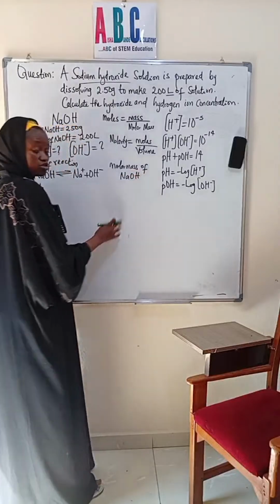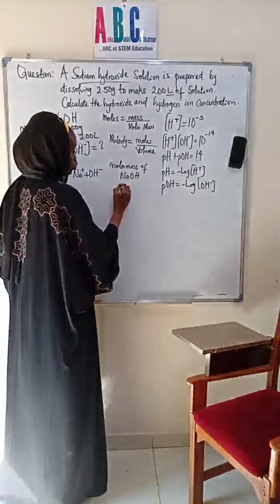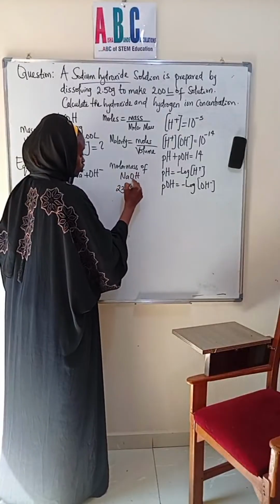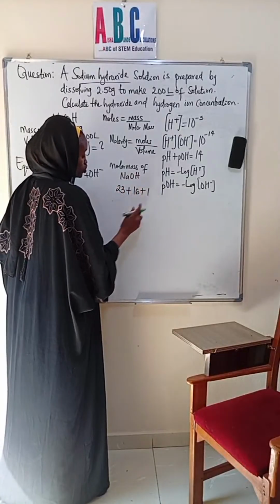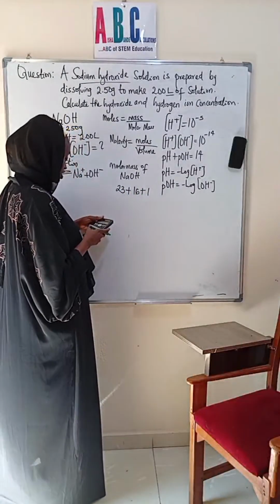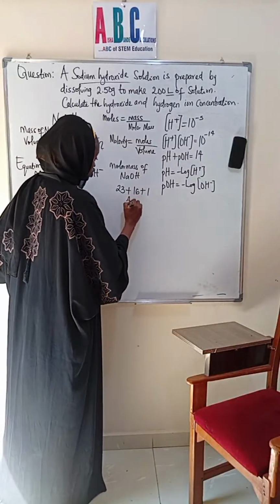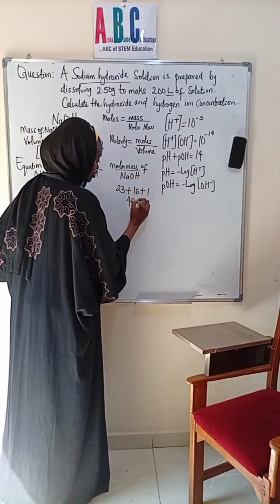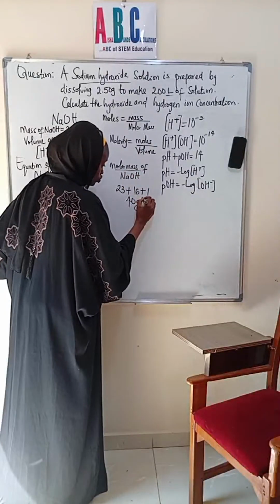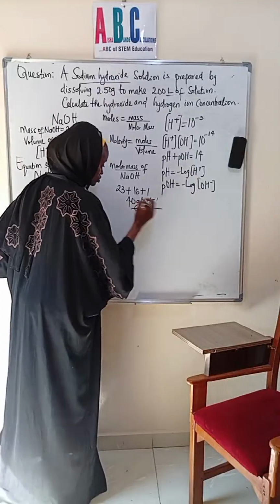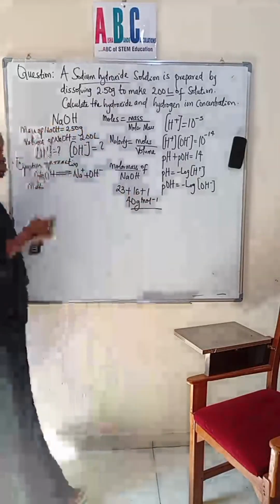The atomic mass of sodium is 23, plus oxygen is 16, hydrogen is 1. So 23 plus 16 plus 1 gives us 40. So the molar mass is 40 gram per mole.